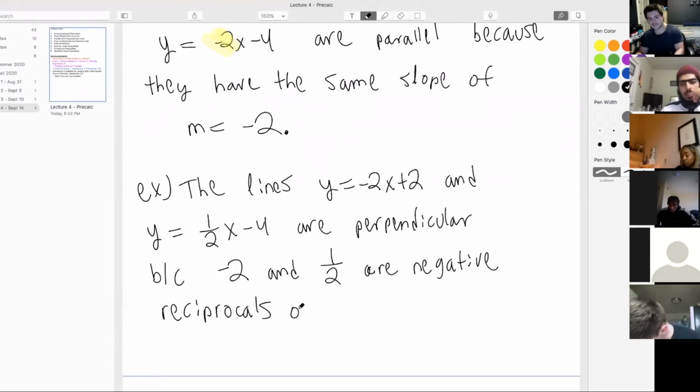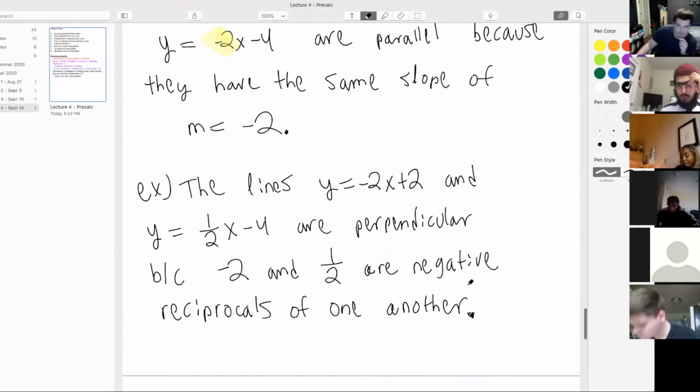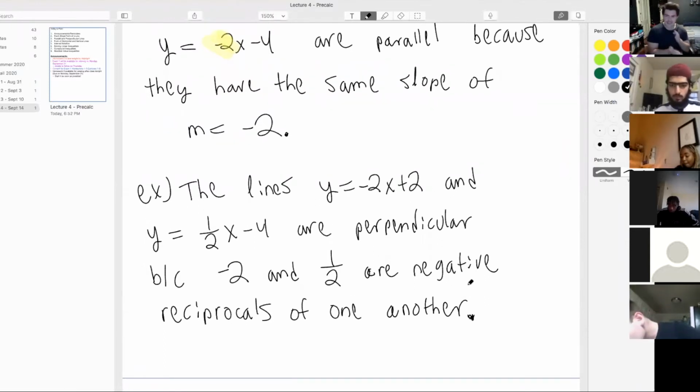Is everyone cool with why I'm picking the numbers -2 and 1/2? Why are they of importance? It's because they're the slopes of these two lines, respectively.